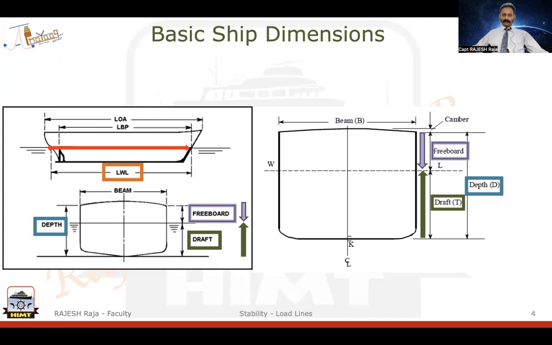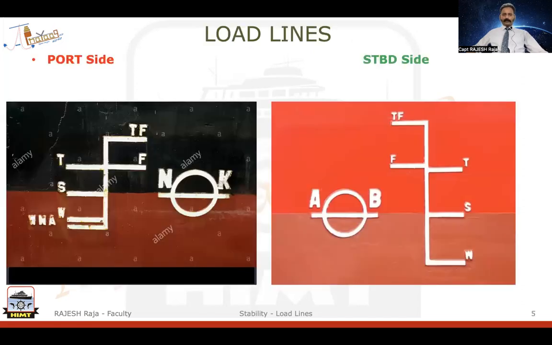I thought that for a beginner, it'll be easy to visualize this picture when I start talking about the different load line marks. Now, this picture is just to give you a fair idea of how it is going to look in real life. You can see the left side picture is a real life picture taken from a vessel.